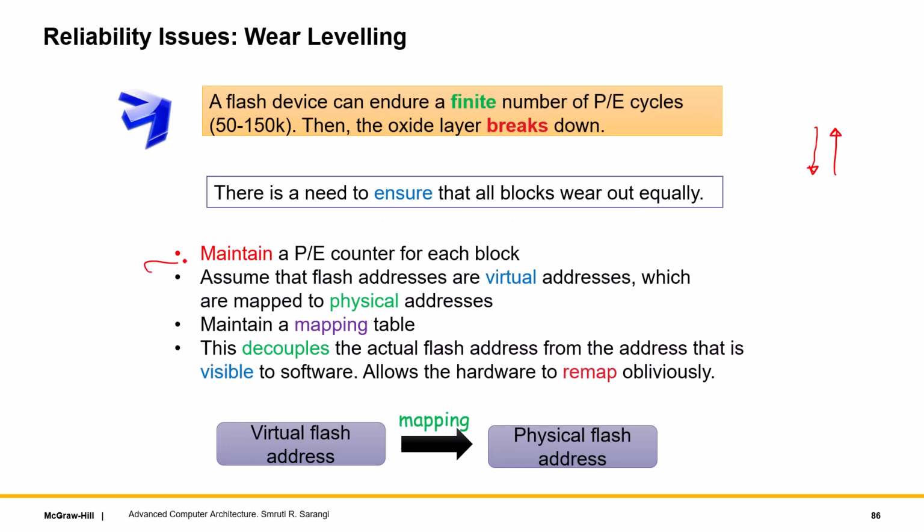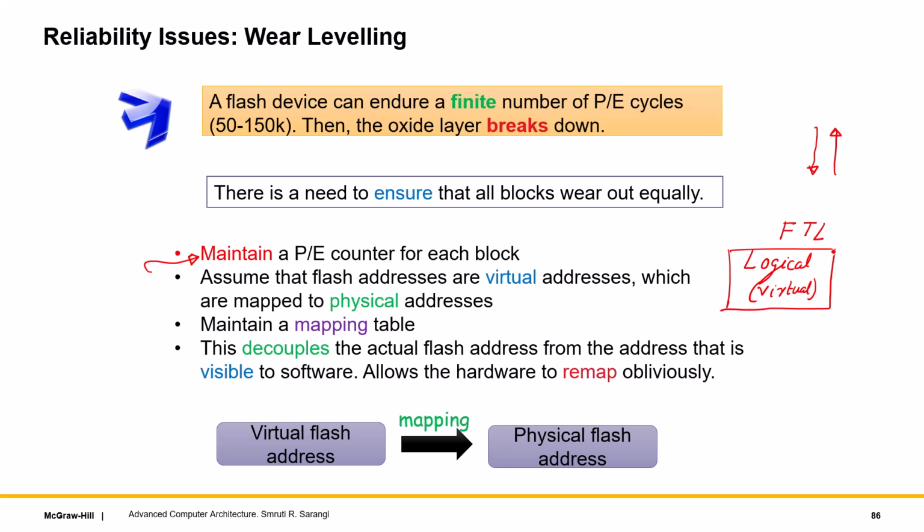So what we can do is maintain a PE counter for each block within flash itself. Then we maintain the flash translation layer, which converts between logical addresses, or what we would call virtual flash addresses. Let's also refer to them as virtual. Similar to virtual memory, a mapping table.